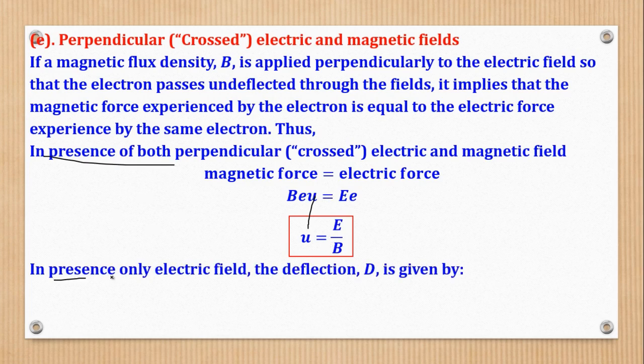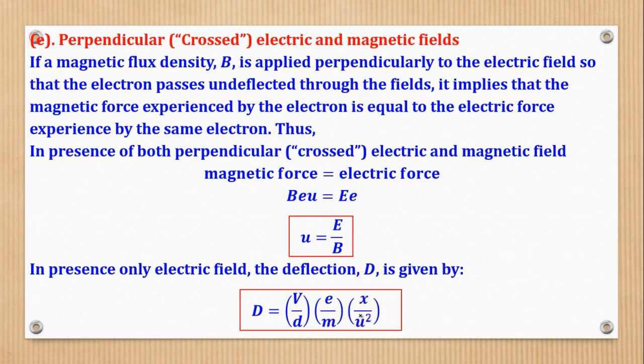What about in presence of only electric field? In presence of only electric field, that is when a deflection D will appear. We have already derived this deflection, so we shall just quote it. When there's only electric field, we have this deflection. When there is a crossed electric and magnetic field, there is no deflection, and the speed is this.